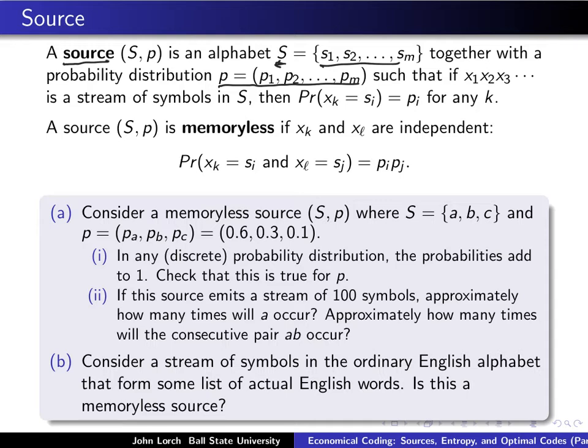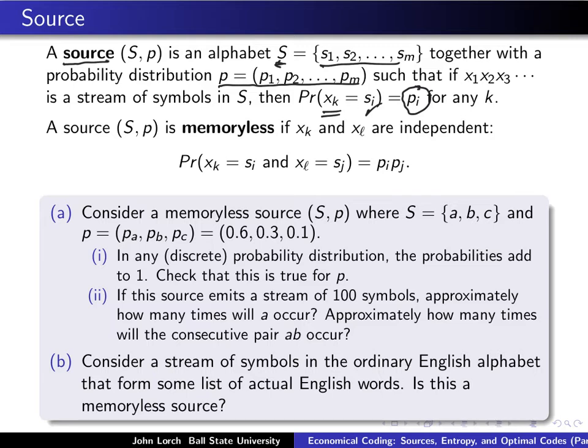If we have a stream of symbols from S, then the probability that symbol s_i occurs in any given location, x_k, is probability p_i. So the letter s_i occurs with probability p_i in any given location.